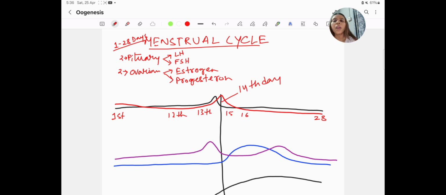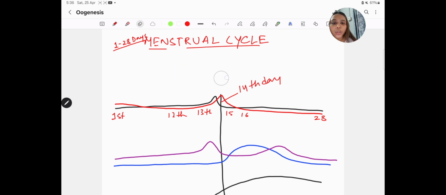Okay, so you can see that from day 1 to 14, before reaching the 14th day, there is no peak of these hormones. What are these lines denoting?